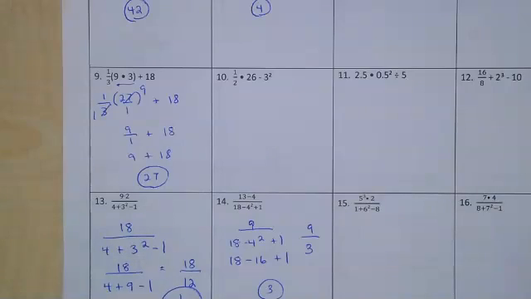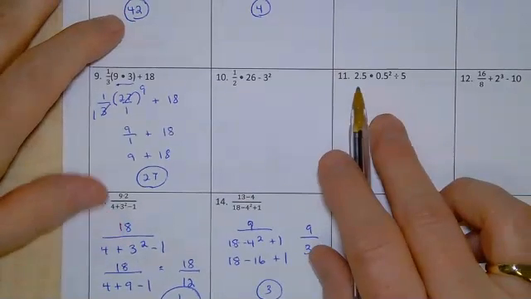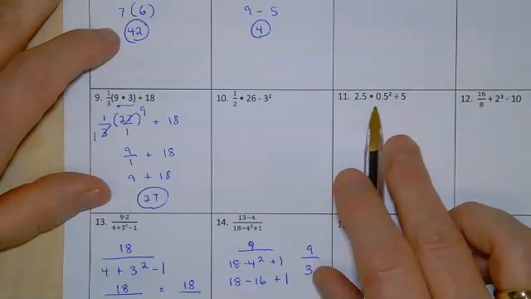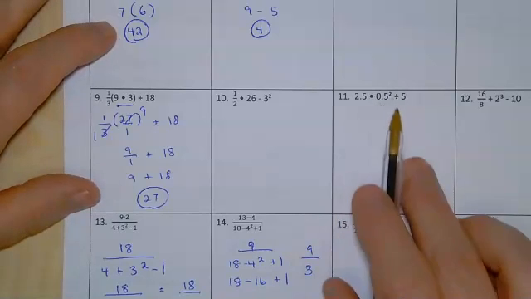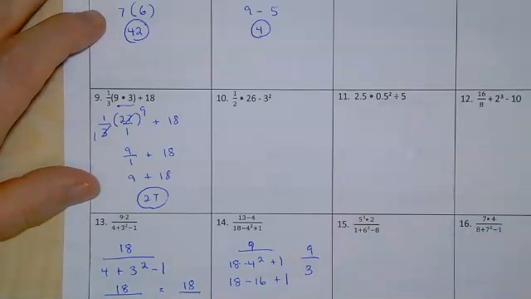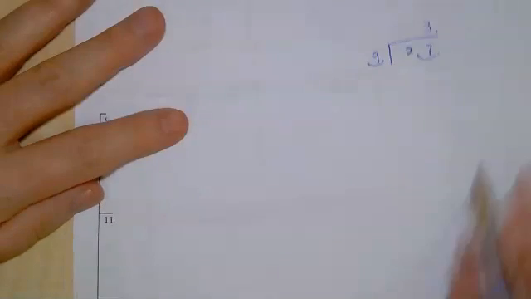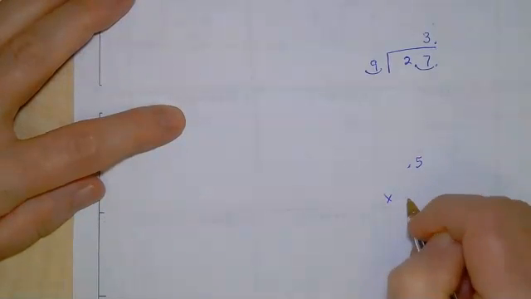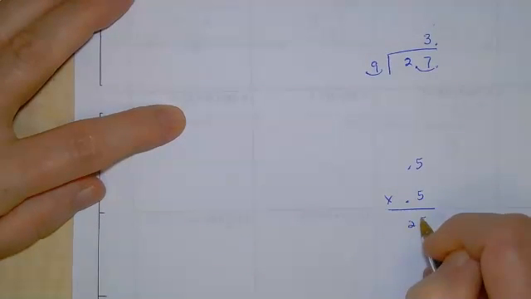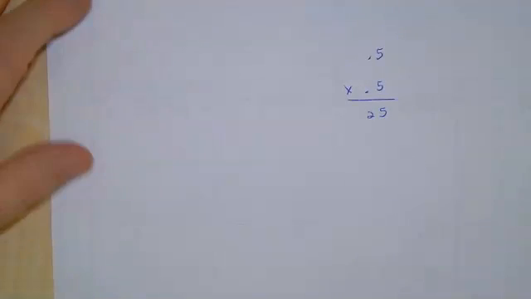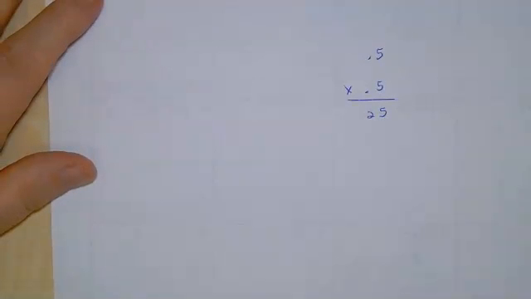Let's do 11. 2.5 times 0.5 to the second power divided by 5. So 0.5 to the second power. Where's the decimal point go? Kayla?